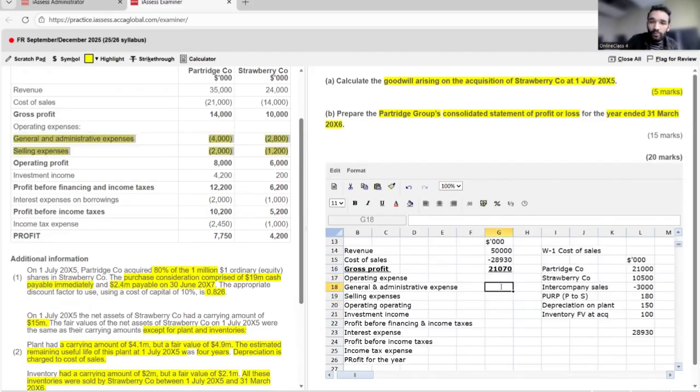Because you have to just do minus, right, is equal to minus 4,000 plus 2,800 into 9 by 12 plus 2,800 into 9 by 12, is equal to minus 2,000 plus 1,200 into 9 by 12.